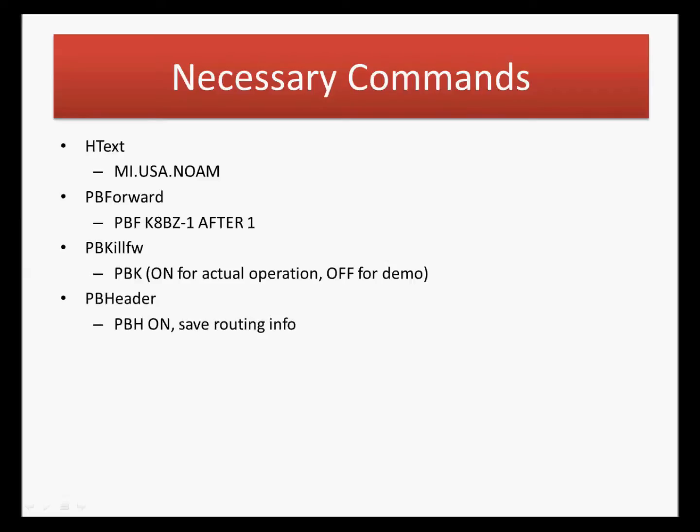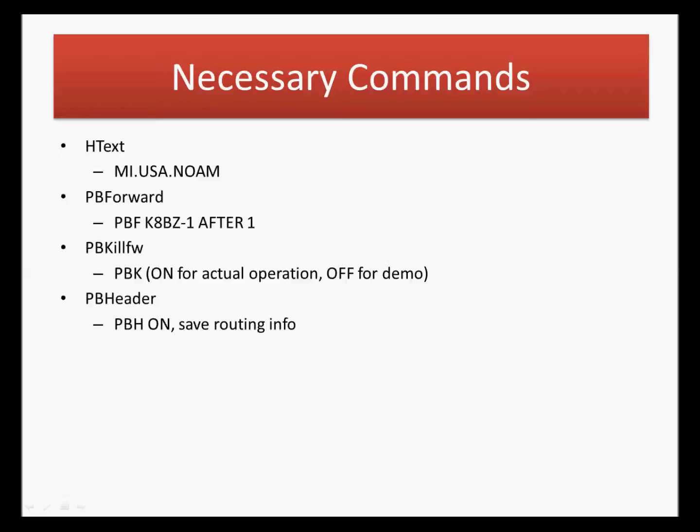The next is the PB header. I think the use of the word header was an unfortunate choice, but that's what the TNC manufacturers used for this. Traffic handlers generally think of a message header as the first line of a formal message that has the message number and the station of origin and place of origin and so on.